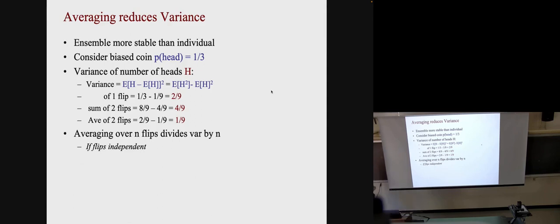So imagine you have 3 classifiers, F1, F2, F3. So you have 3 models, and each of them has a 20% chance of making a mistake.